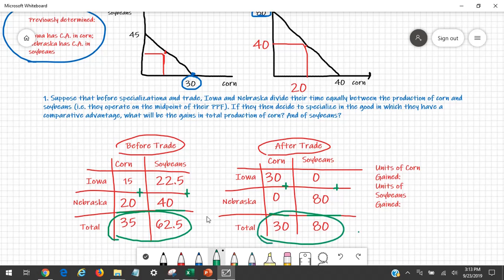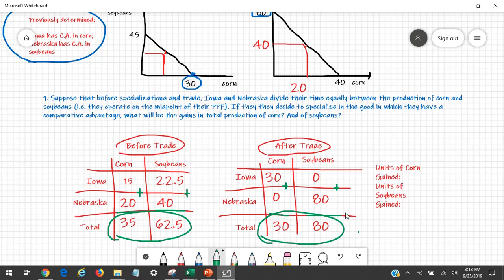So this is an interesting one. I didn't intend for this to be the case, but it'll make for good conversation in this video, or monologue, I guess, since I'm the only one here. So if I look at my corn production, something interesting happened. Iowa and Nebraska actually decreased the amount of corn they were making after specialization and trade.